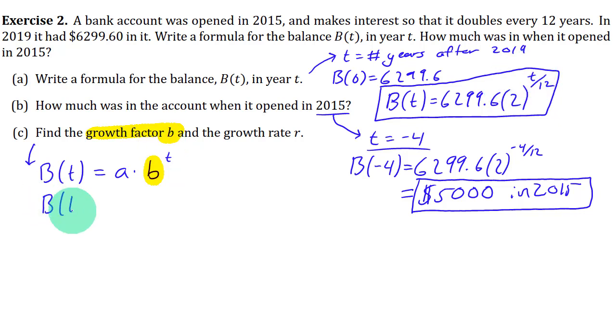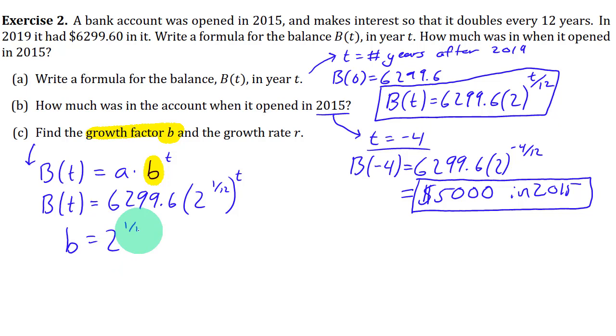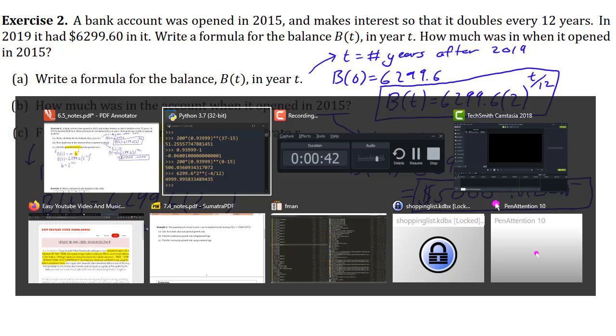So the trick is to write that 2 to the power t over 12 as 2 to the power 1/12, and then that to the power t, because you can multiply those exponents: 1/12 times t is t over 12. And so you can say b is 2 to the 1/12 power, also known as the 12th root of 2.